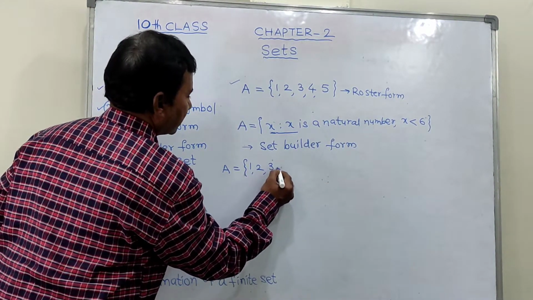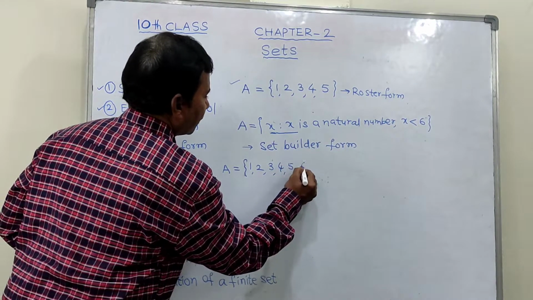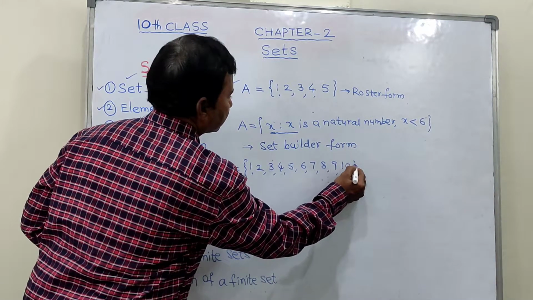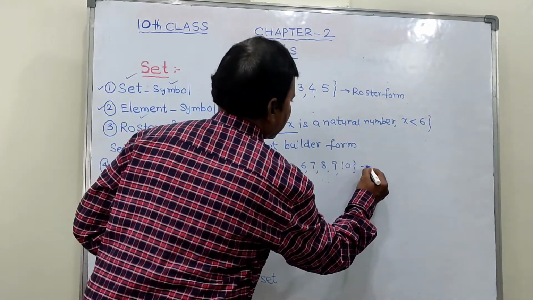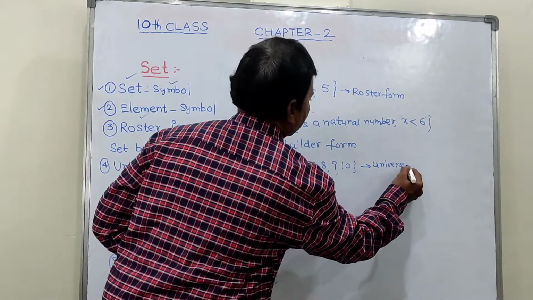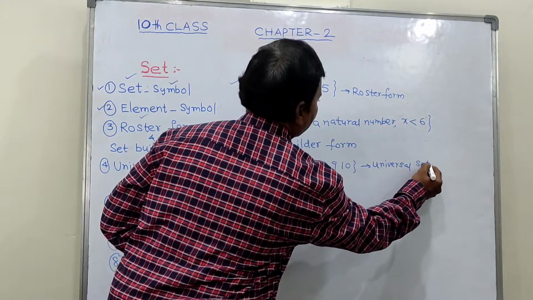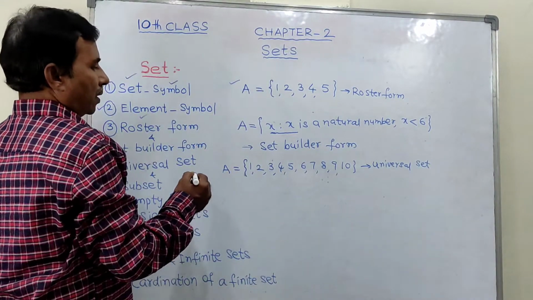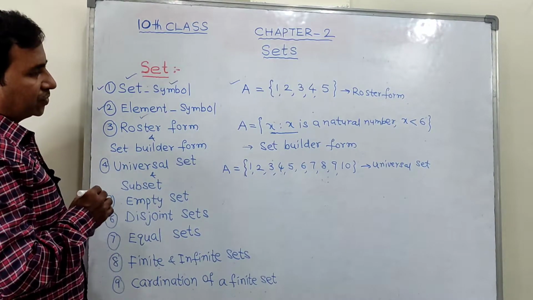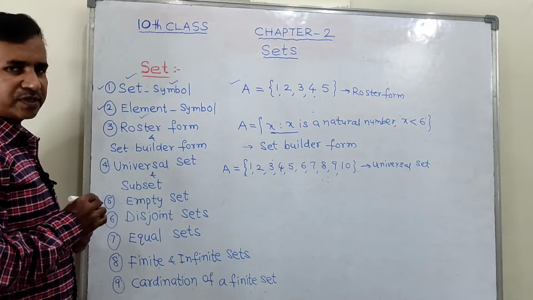Suppose I am taking here 1, 2, 3, 4, 5, 6, 7, 8, 9 up to 10. So, I have taken from 1 to 10 and I have made a list. So, this is called as a universal set.